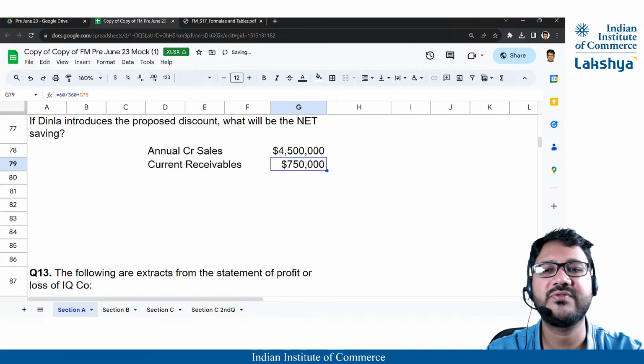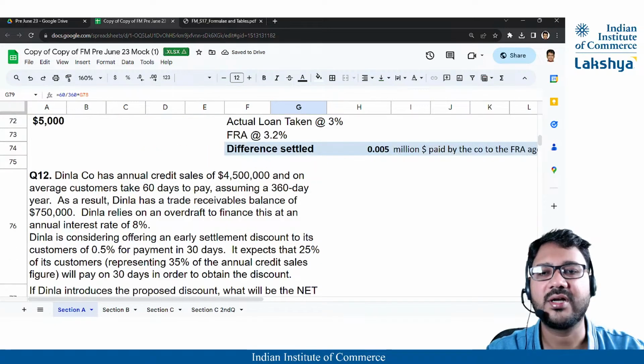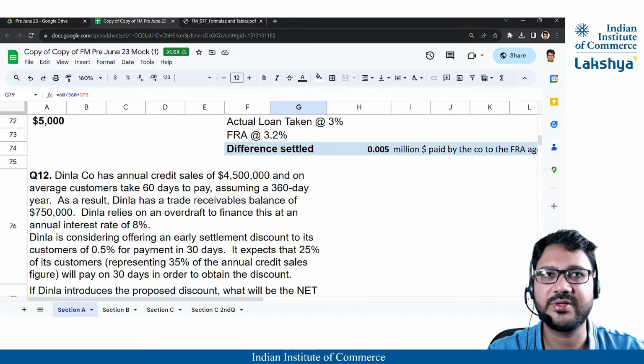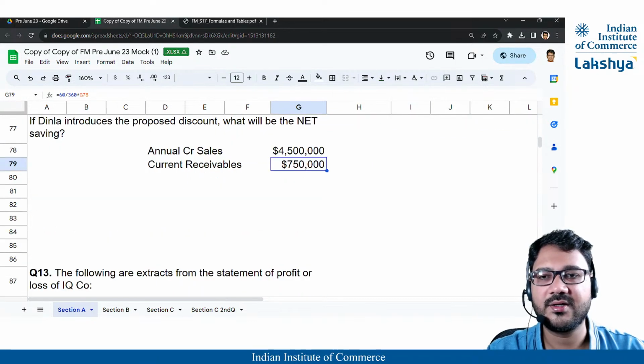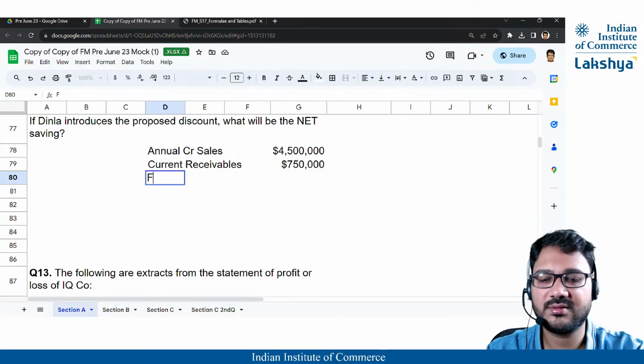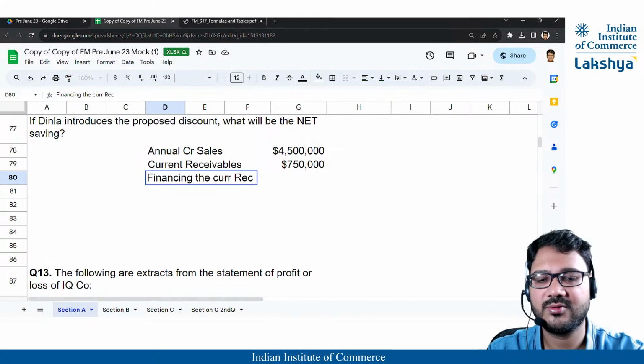So $750,000 is our current receivables, which they have also given explicitly here. So we didn't have to calculate it. I didn't see that, but it's given over here. Financing the current receivables with the OD.